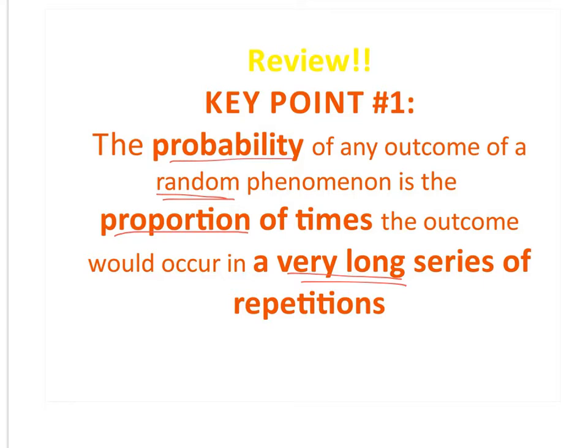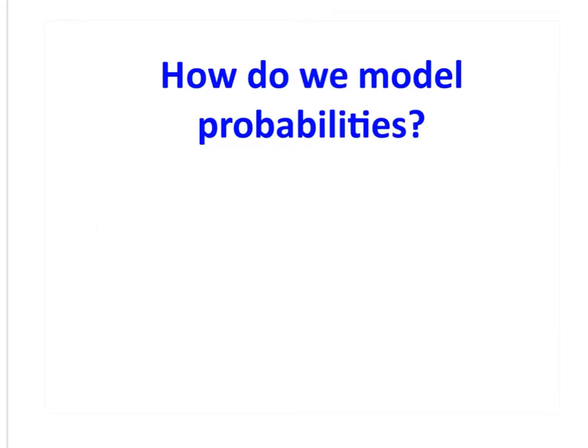So probability, proportion, they're the same thing, and it's the proportion of times we would see that outcome. That's its probability in the long run. The law of large numbers tells us the more times we do things, the more accurate this proportion is going to be. So how do we model probabilities? How do we use simulations to model this chance behavior?